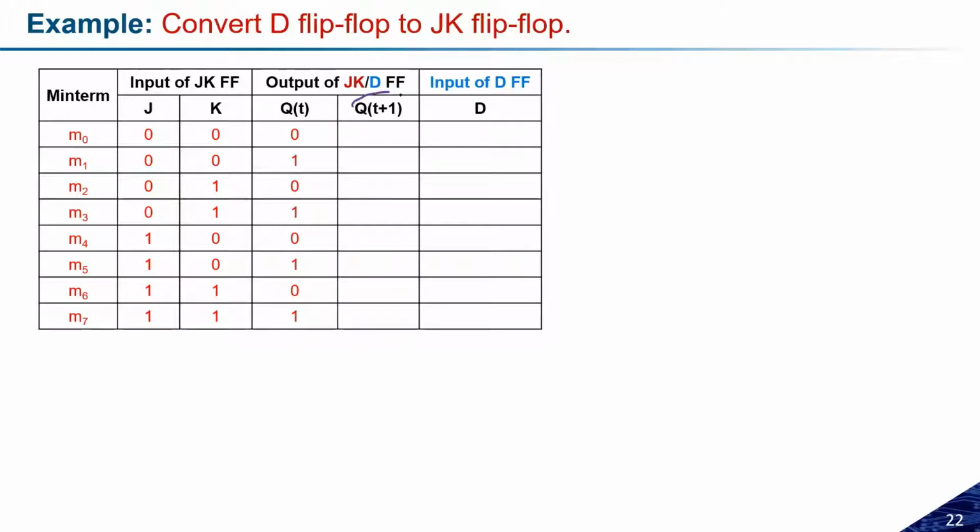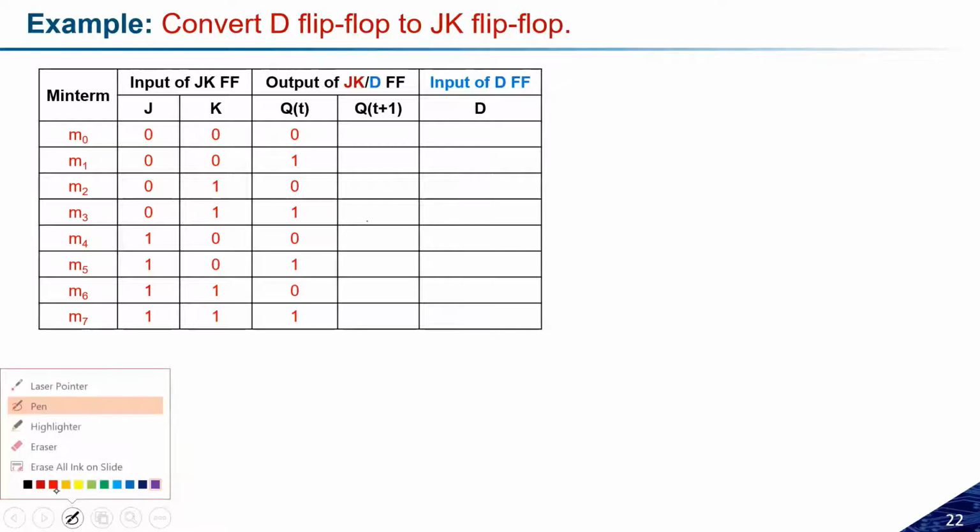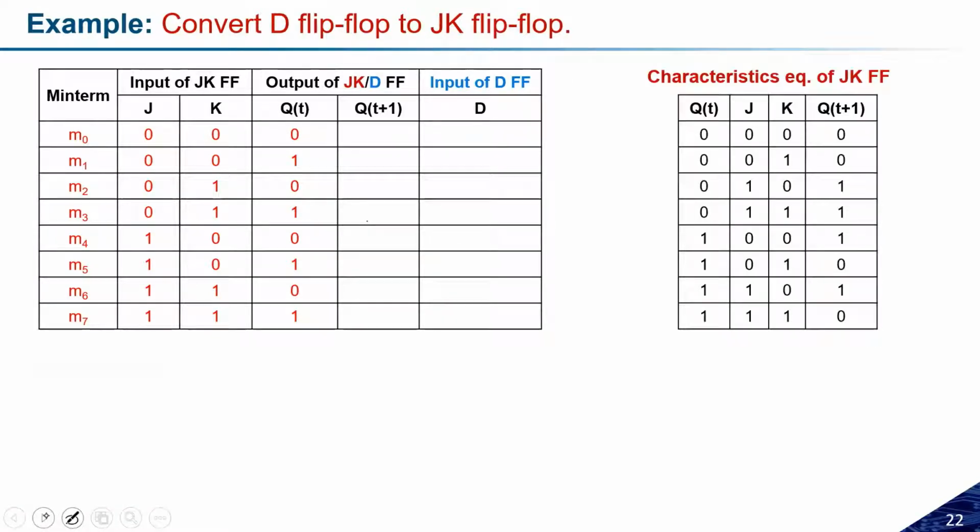Now, to prepare this QT plus 1, I should know the characteristics table of this JK flip-flop. The characteristics table of JK flip-flop looks like this one. So let us try to fill it up.